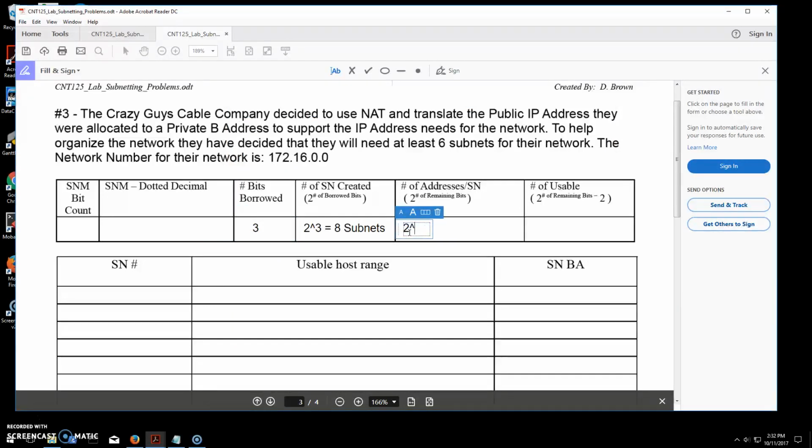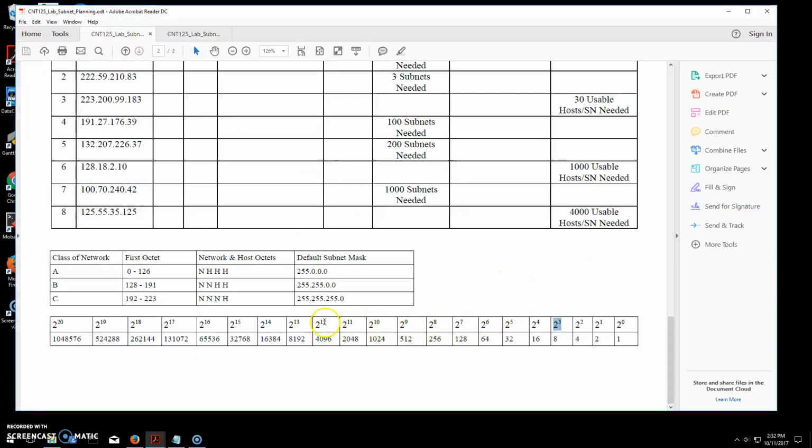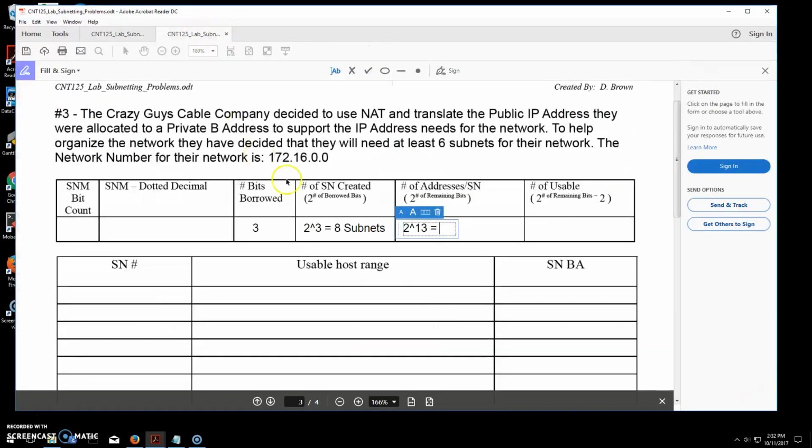If I have 13 bits left, I'm going to end up with 8,192 addresses per subnet, of which how many are going to be usable? 8,190 addresses usable per subnet. That's what we're going to do.